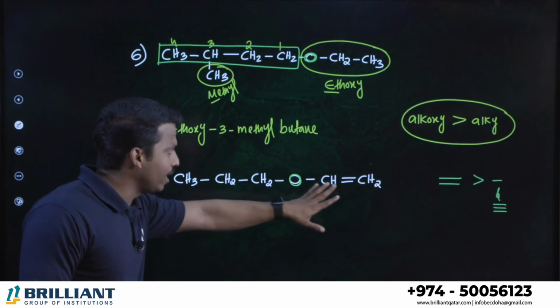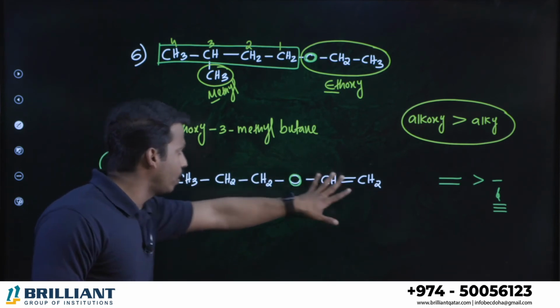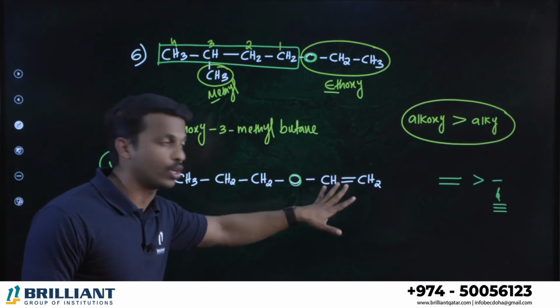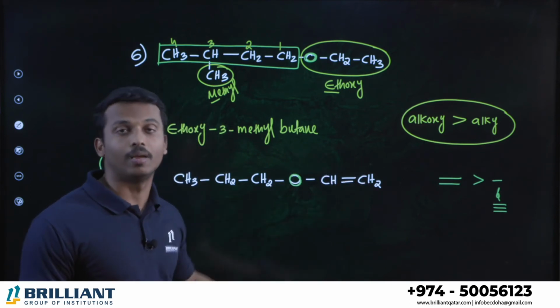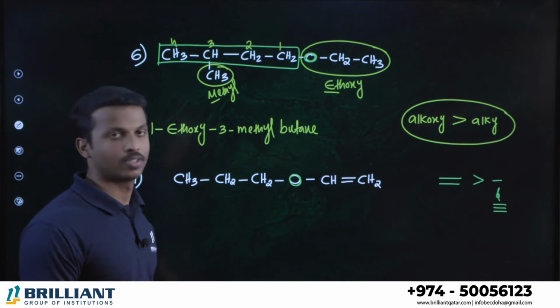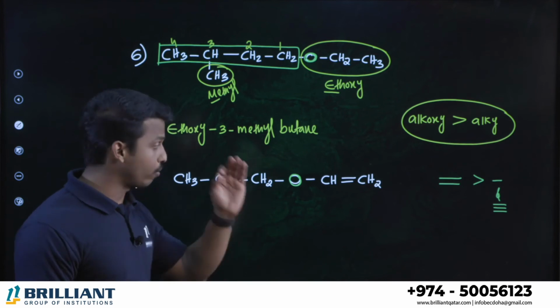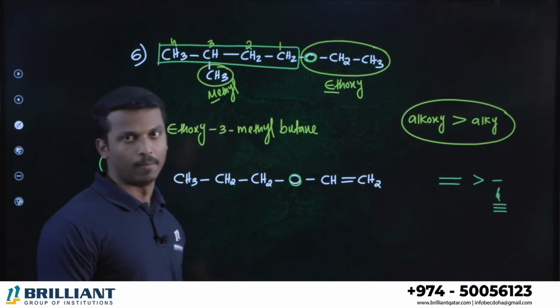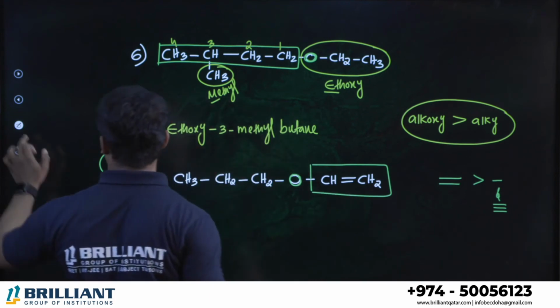So even though here 3 carbons are there and here only 2 carbons, your parent chain is here, because the double bond is the more important functional group. If single bond and double bond are both there, you have to give preference to which one? Double bond. So your parent chain is here. Be careful, these are exception cases.